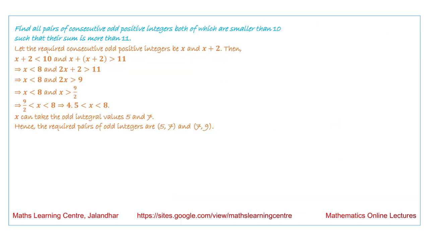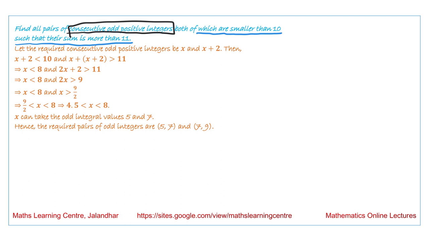Next is: find all pairs of consecutive odd positive integers, both of which are smaller than 10, such that their sum is more than 11. So we are being asked about the pair of consecutive positive integers that are odd.